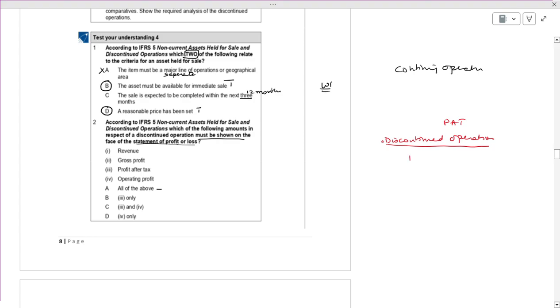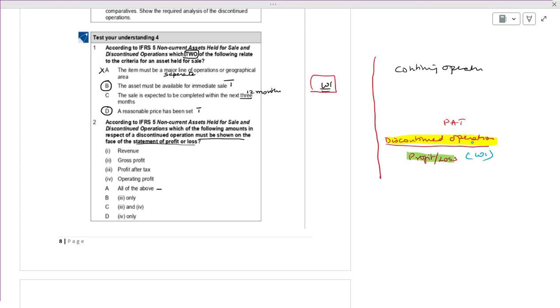What are we showing separately? We have written profit or loss. Are we showing revenue there? We are showing revenue separately, but here are we showing it? Here we are showing only the working, only the profit and loss from the discontinued operation.